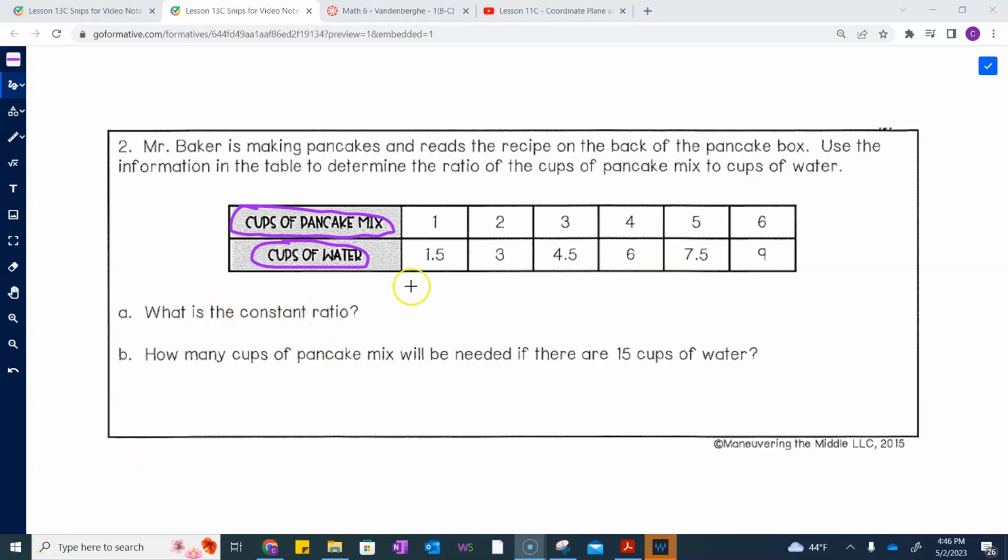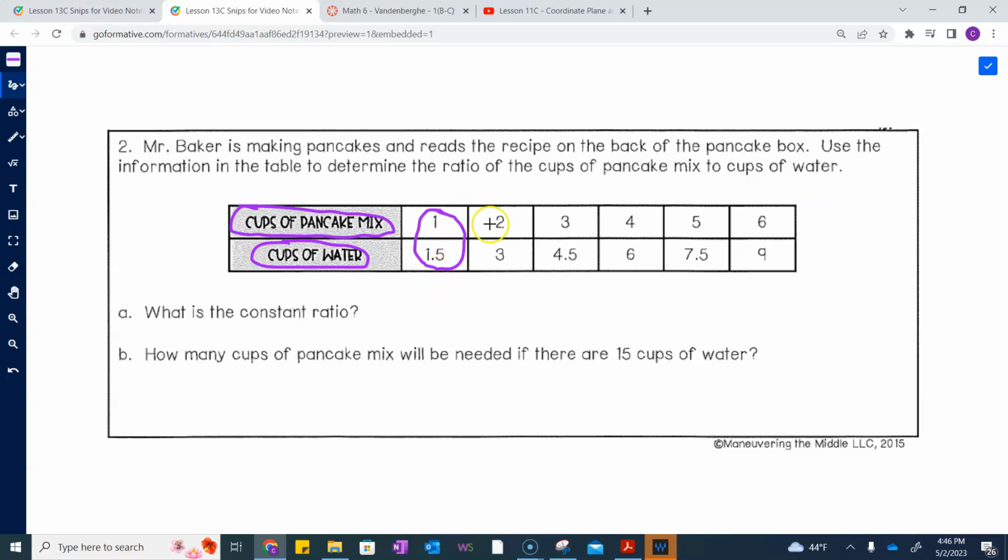So if you're looking for the constant ratio, we'll start with this one right here. It says, hey, if you're just making a recipe, you're going to need 1 cup of pancake mix to every 1.5 cups of water.